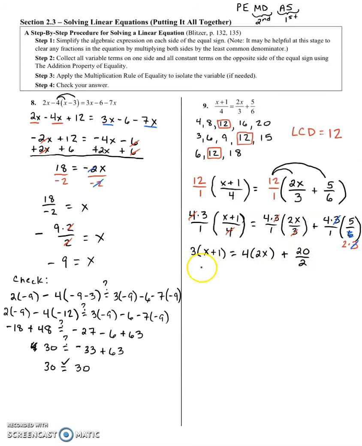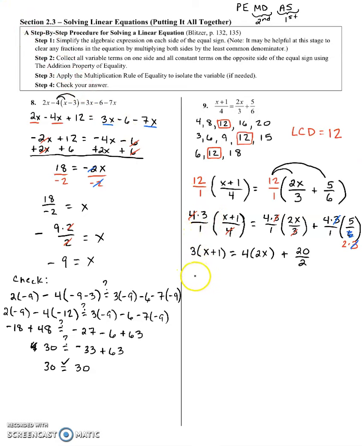Oh, that didn't get rid of our fraction, though. Do you guys see where we went wrong? We actually didn't. We just didn't finish canceling things. Well, let's continue from where we are.